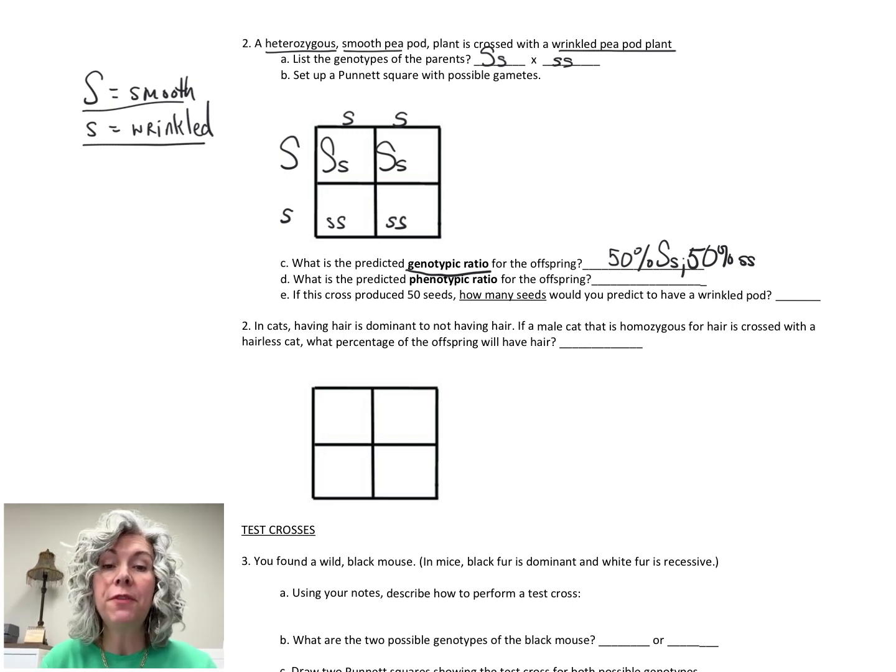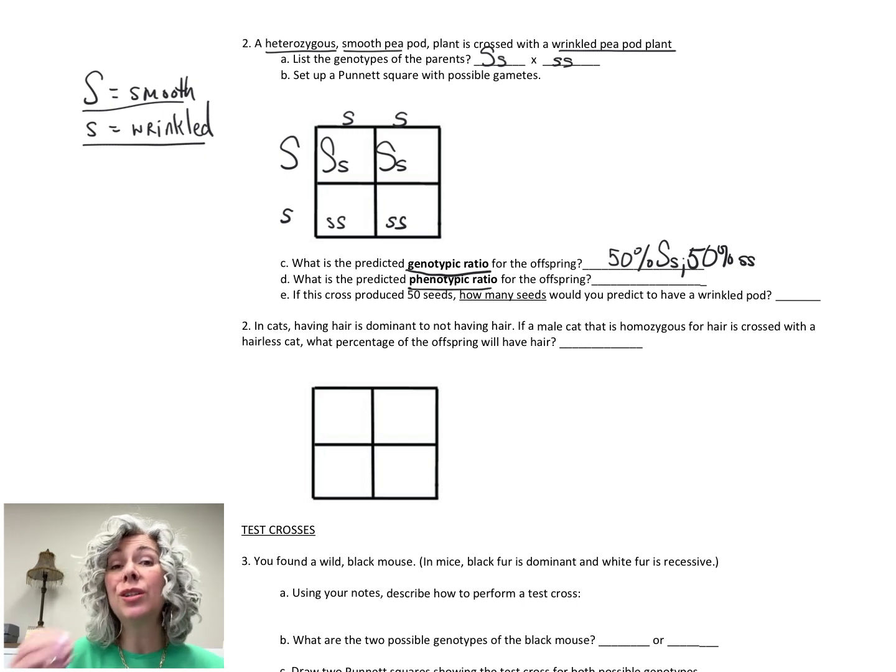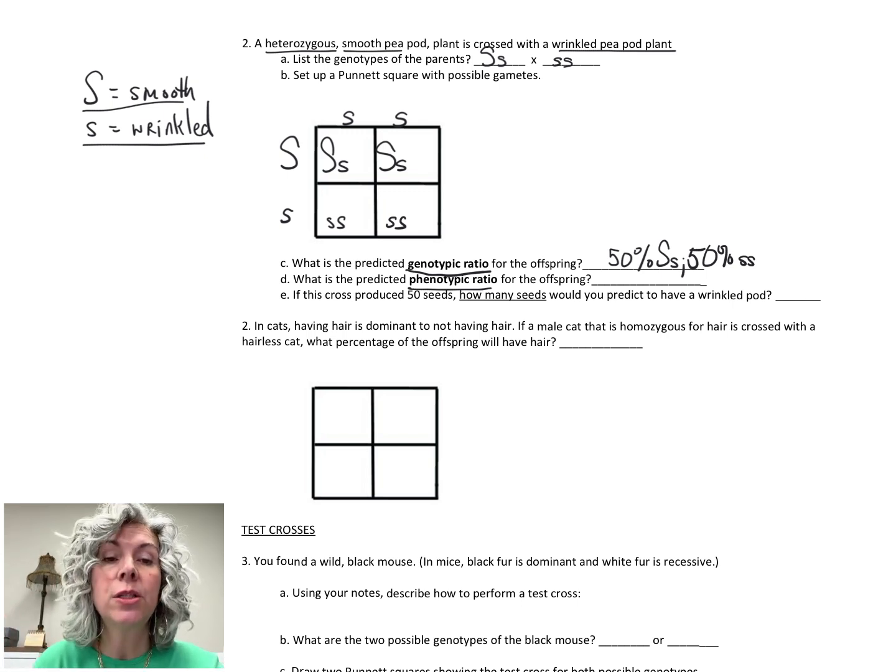What's the predicted phenotypic ratio? Phenotypes, what they're going to look like. What's the expression? Their physical traits, the physical appearance. So it's going to be 50% smooth. Sorry, my handwriting's so bad.